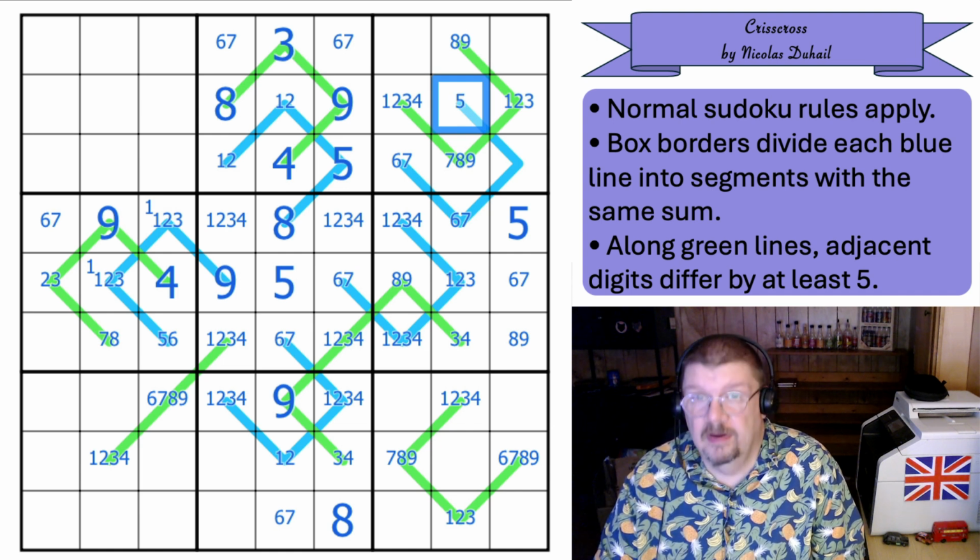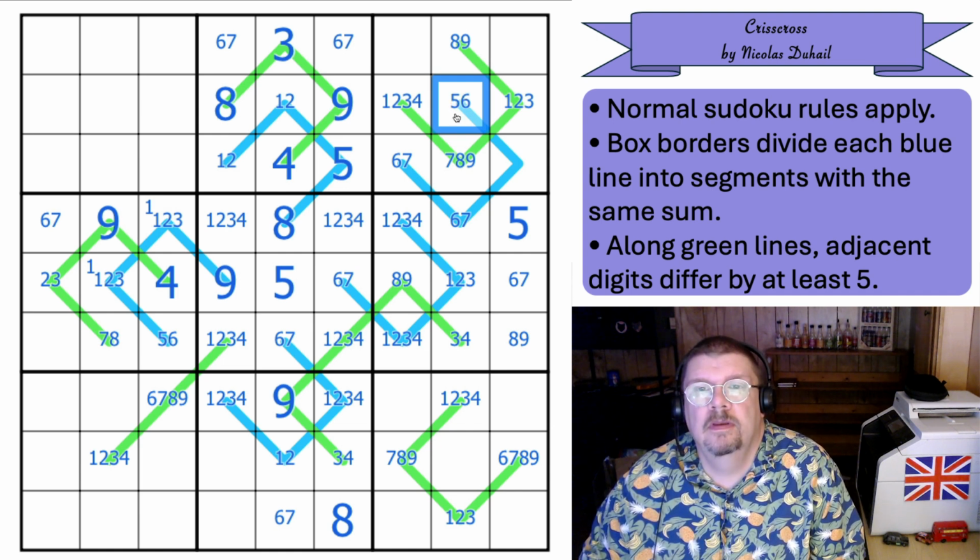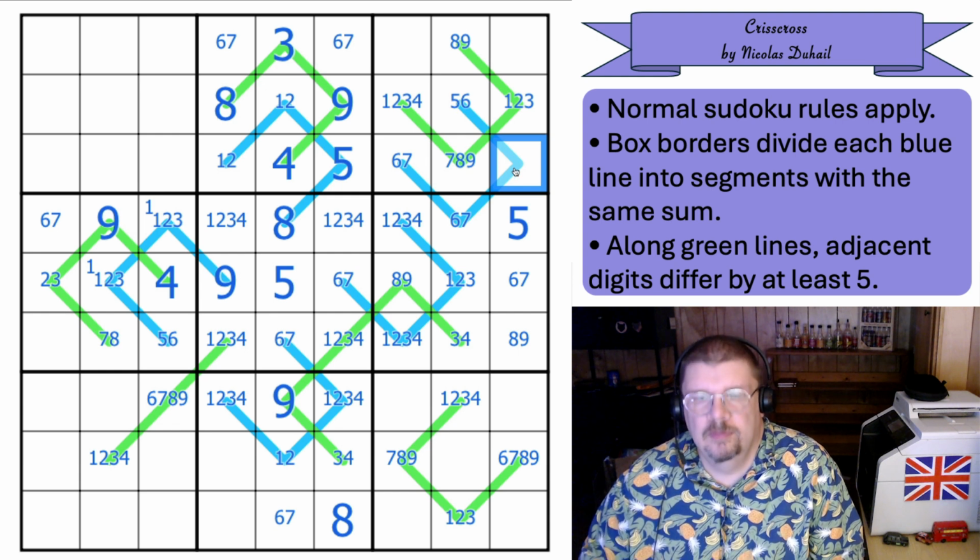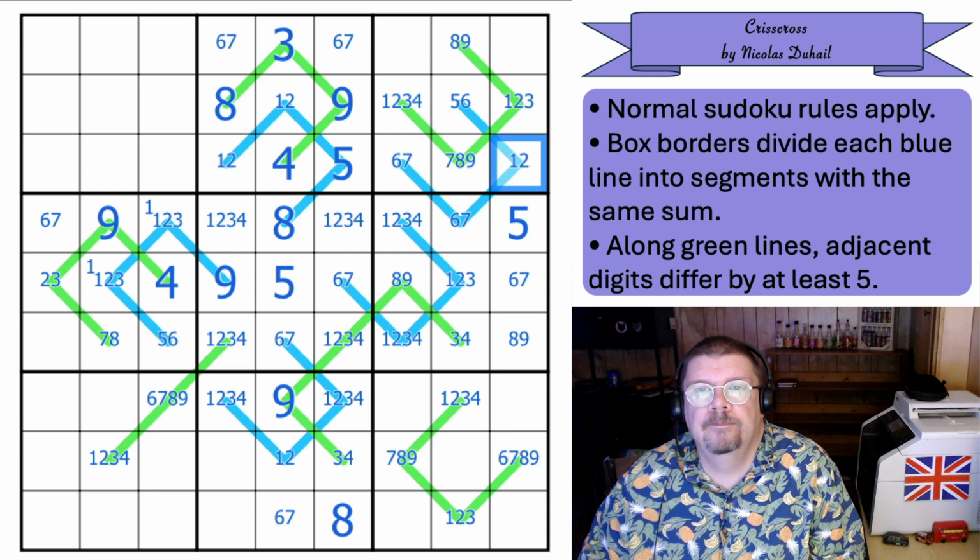So that is 5 or 6. Can't be higher than 6 because it's going to add something to sum to 7. So this must be a 1 or a 2. 5 plus 1 is 6, 5 plus 2 is 7, 6 plus 1 is 7. That gives me a 1, 2 pair in the row.